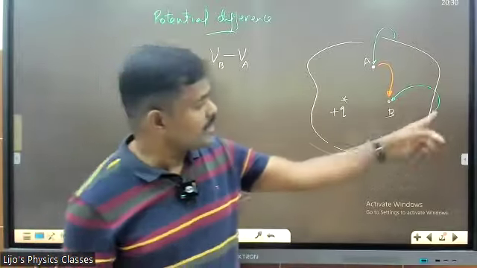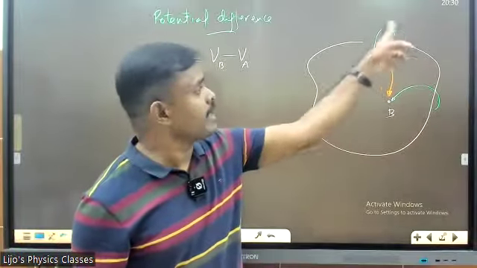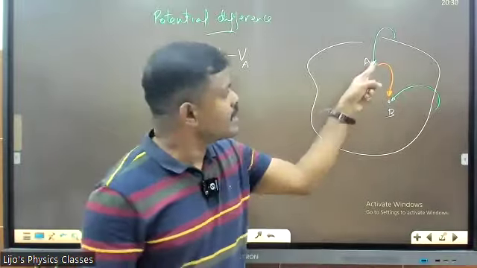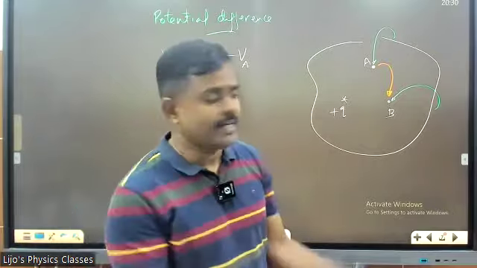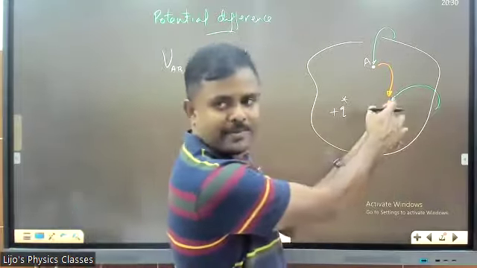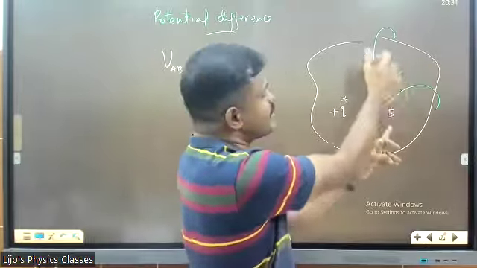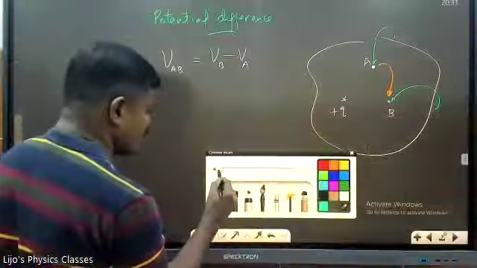Work done in moving a charge from infinity to B minus work done in moving a charge from infinity to A is the same as work done in moving a charge from A to B. Okay, so finally I can have my equation.